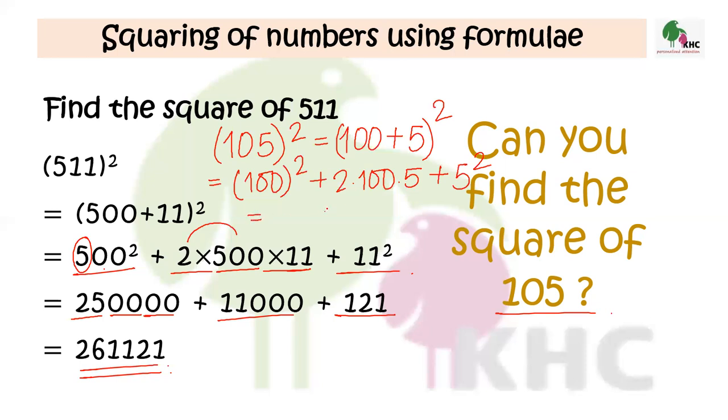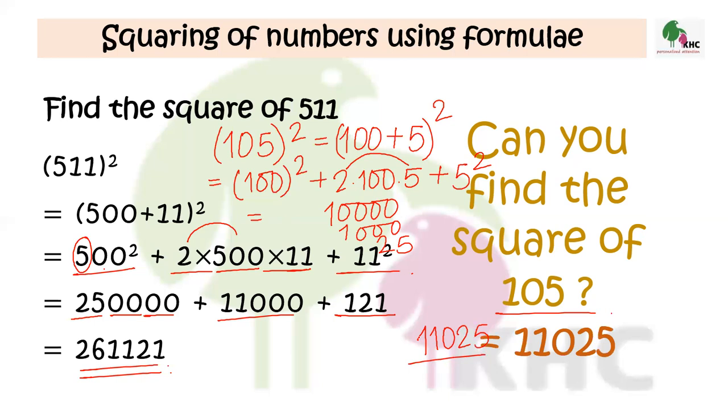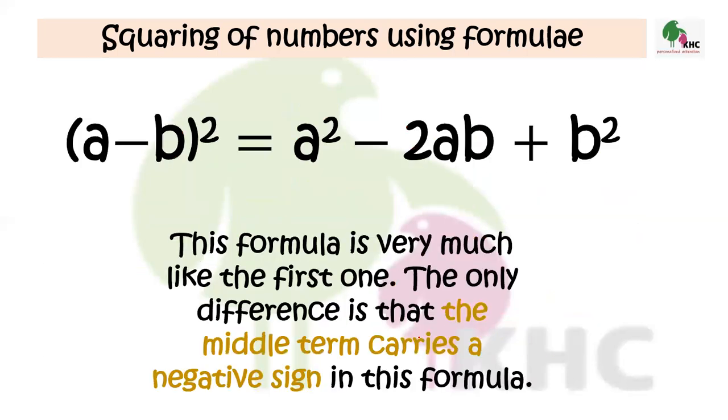So square of 100, 2 zeros, 4 zeros. 5 times 2 is 10 times 100 is 1000, and square of 5 is 25. How much do you get? We get 11025. The answer is 11025. So this is how you can use this formula and obtain your square.